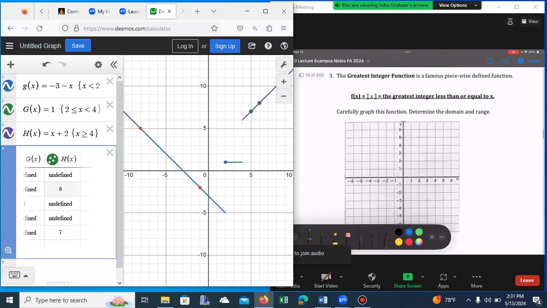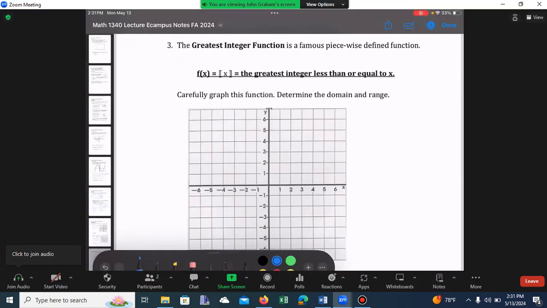The greatest integer function is unique, and it's also called a step function. Basically, the greatest integer of, let's say, 1.7 is going to be equal to 1.